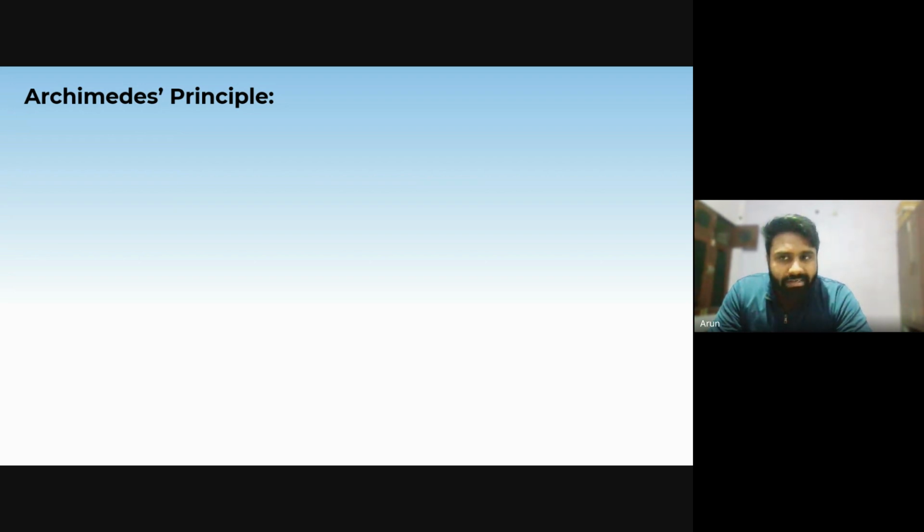So without melting, without destroying, you need to calculate the density of it, because based on the density, if the density matches with the density of gold, then you will say this is made of pure gold. So Archimedes thought of it day by day.